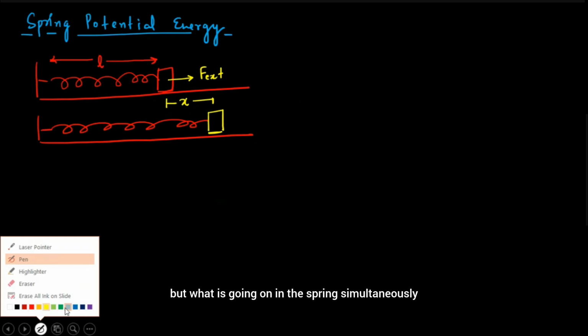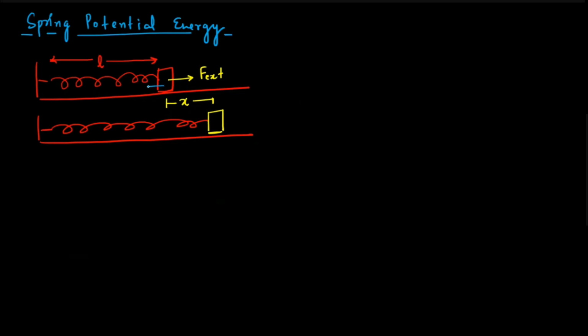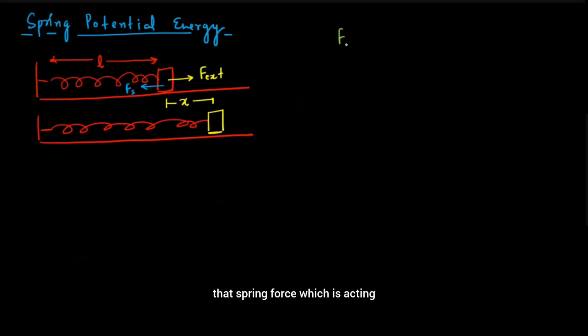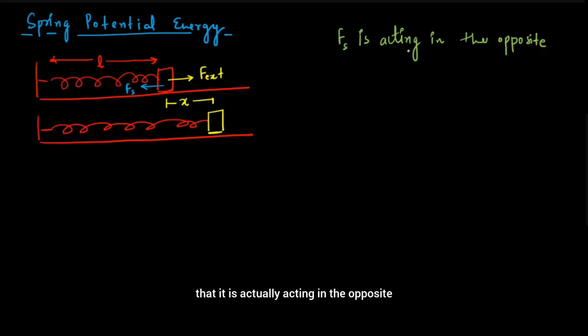But what is going on in the spring simultaneously? The spring will also apply a force in the opposite direction of this external force. What we are actually observing here is that the spring force is acting in the opposite direction of displacement. What do I mean by that? Displacement is a consequence of this external force, and the spring force is not responsible for this displacement initially.